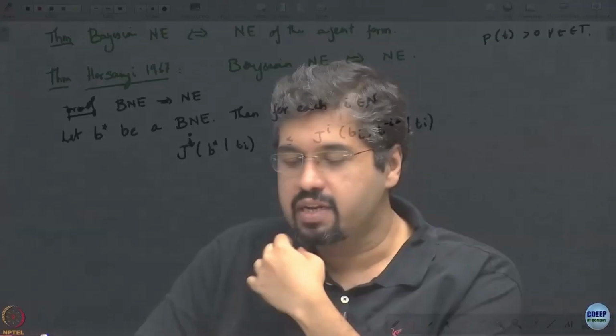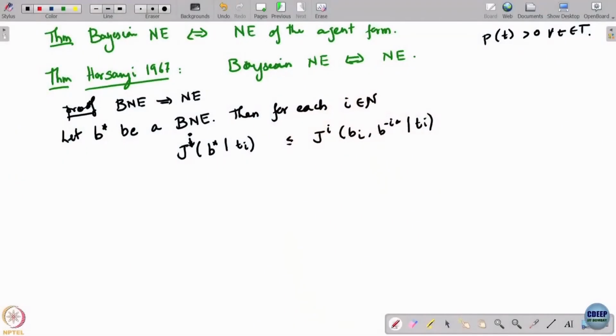Finitely many pure strategies, which means that when I write this over all Bi, this has to be true for all behavioral strategies Bi, which means in particular it is true for all pure strategies. So in particular this means that this is less than or equal to this here.